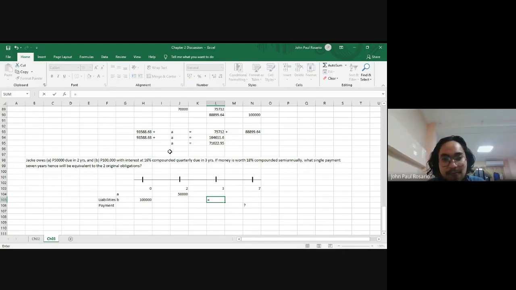So we still have to compute the compounded maturity value of the 100,000. That's 100,000 times (1 plus 0.16 over 4), since it's quarterly, raised to the power of 4 times 3 years, so 3.